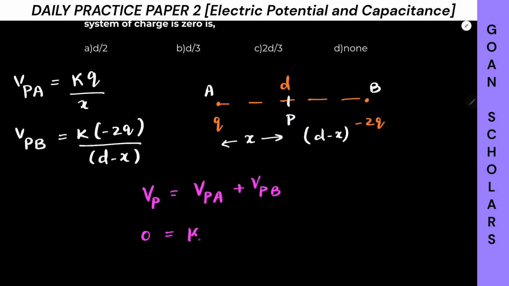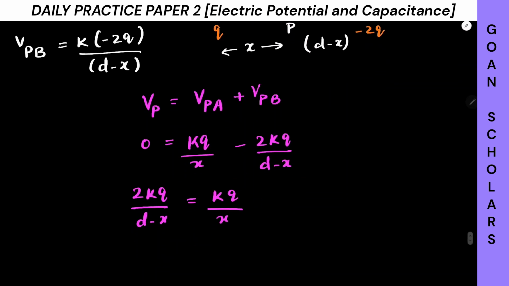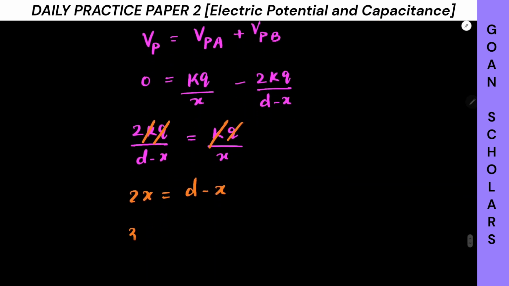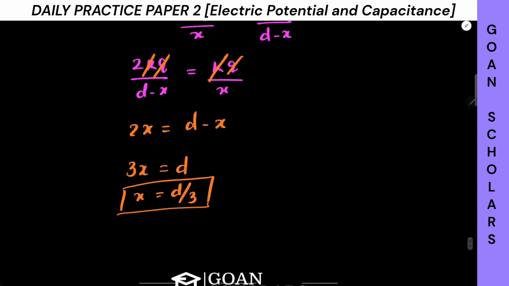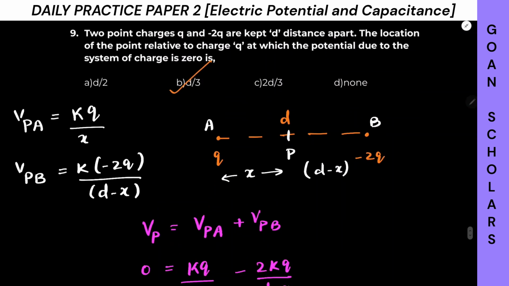So let's put here 0 equals KQ by X minus 2KQ by D minus X. Let's take this 2KQ on the left hand side. 2KQ upon D minus X is equal to KQ by X, correct? Let's cancel out the common terms. So here KQ will cancel out with KQ, and let's cross multiply. So 2X is equal to D minus X. Taking X on the other side, 3X is equal to D, okay? And X is equal to D by 3. So 1/3 of the distance. At that point the potential will be 0, okay? So here the correct answer is D by 3, option B.